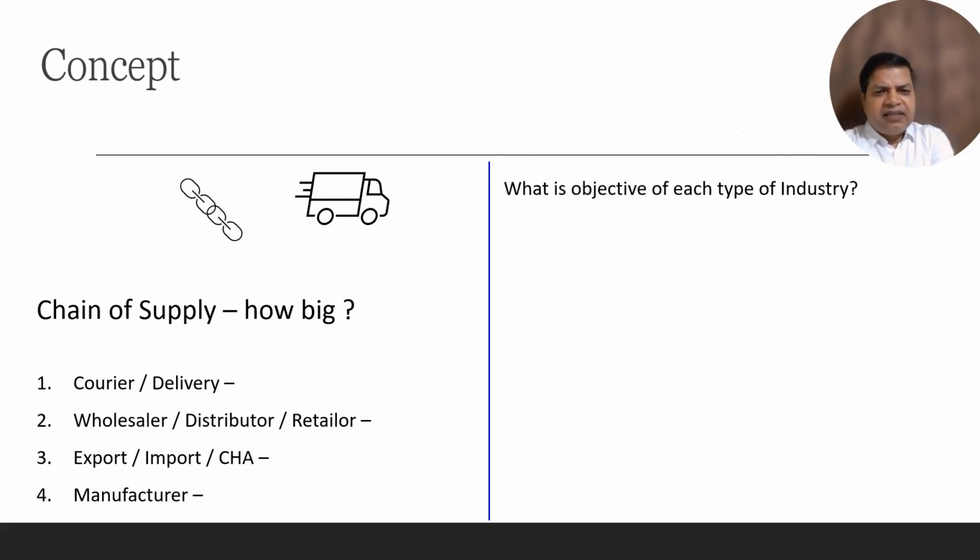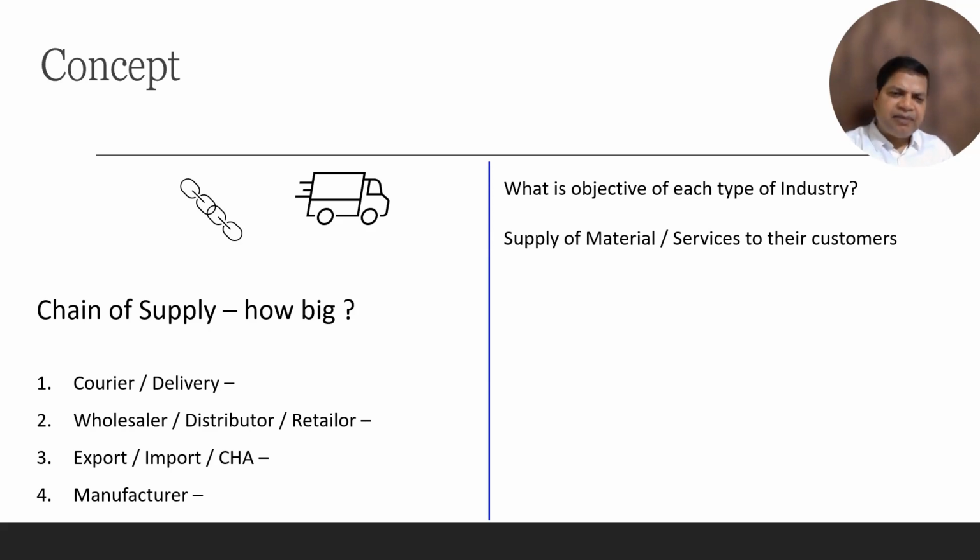If we see the objective of these industries, we are able to find that the end objective is matching, and either the companies are supplying material or their services to the respective customer.